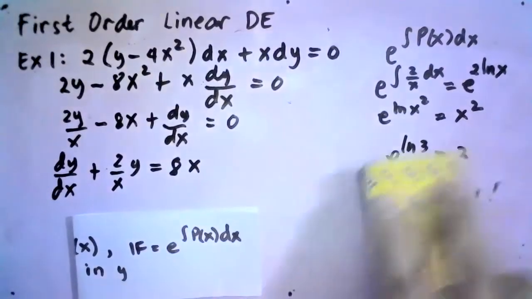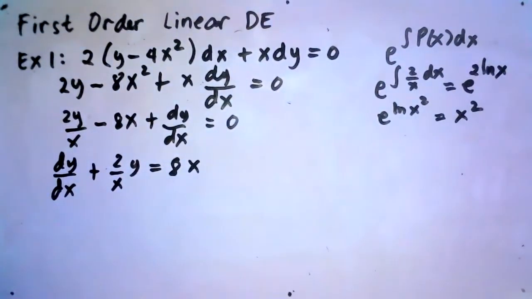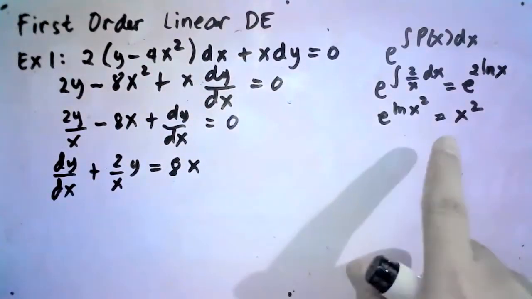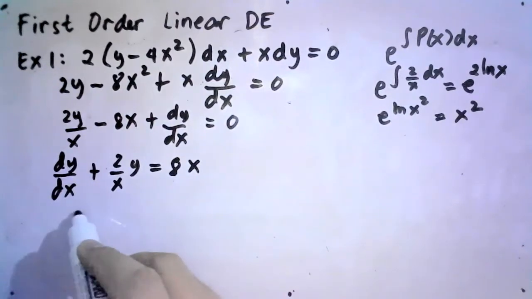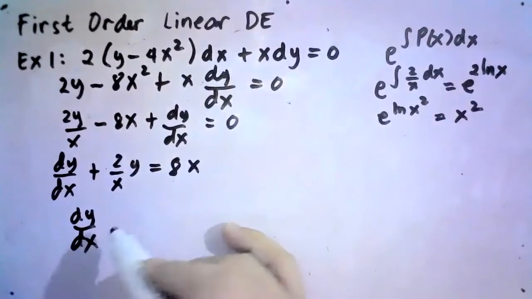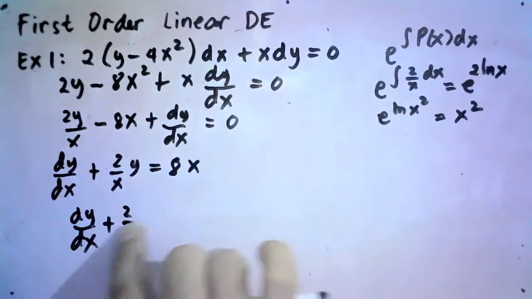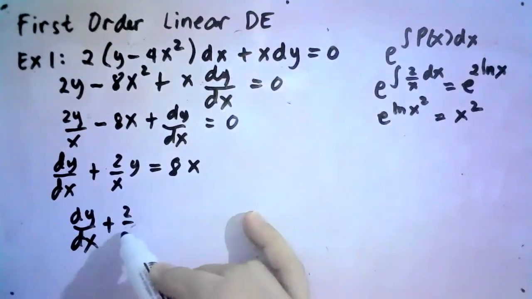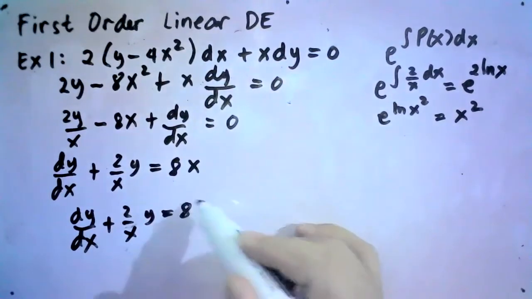Now I will erase this one. Okay, so we will now proceed to our solution. We have here our x squared. Now, going back to this one, I will write again dy over dx plus 2 over x times y, that is equivalent to 8x.